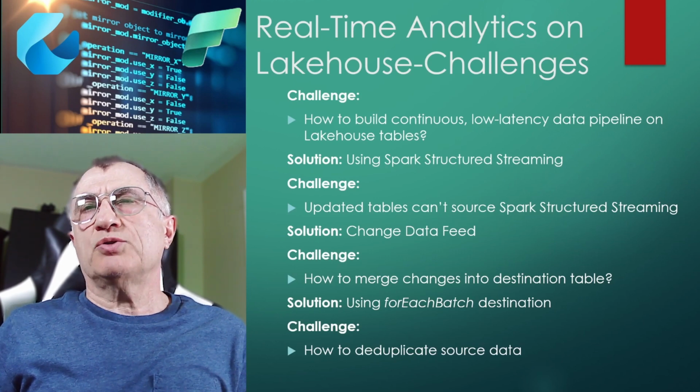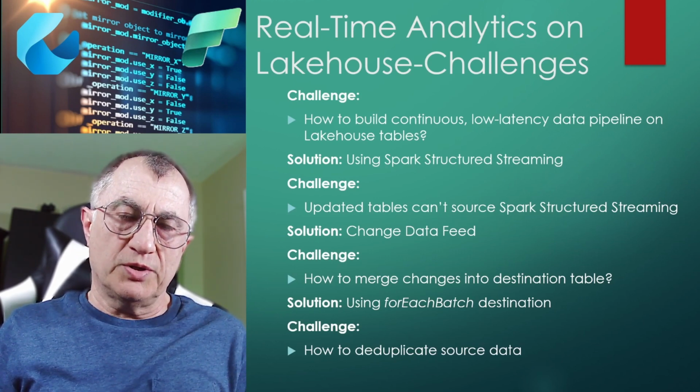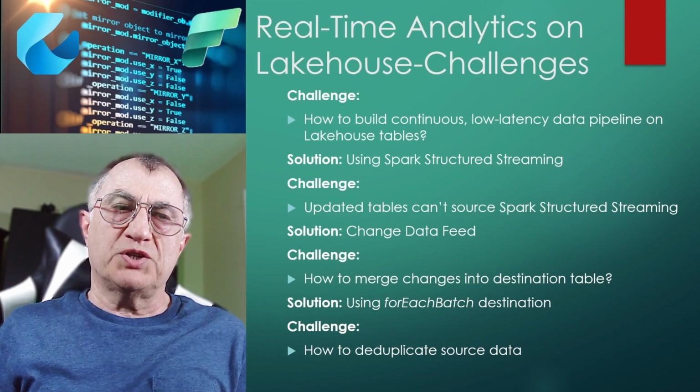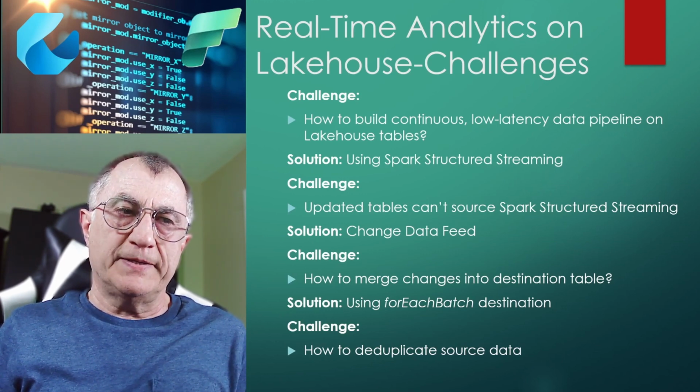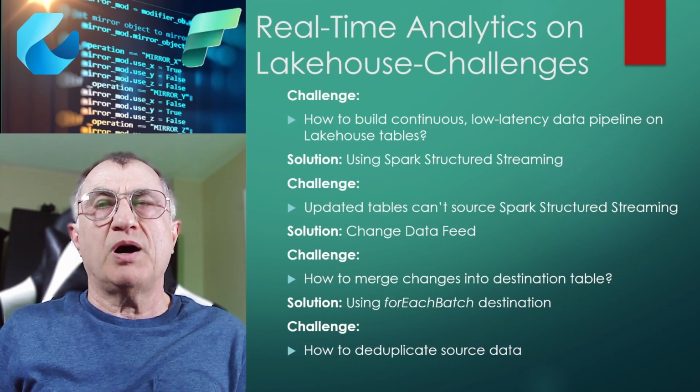So we talked about using change data feed to identify change in your data. However, one of the challenges related to that is you may have the same rows being updated multiple times.